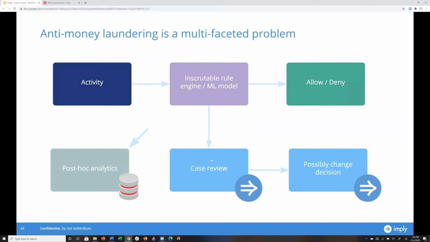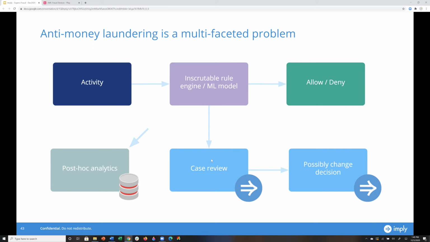And that case review process is powered by Imply. And then the human can find more granular details as to why this transaction could be an issue or could be anomalous. And so the more data that the analyst can actually come through, the better the decision that analyst can make.